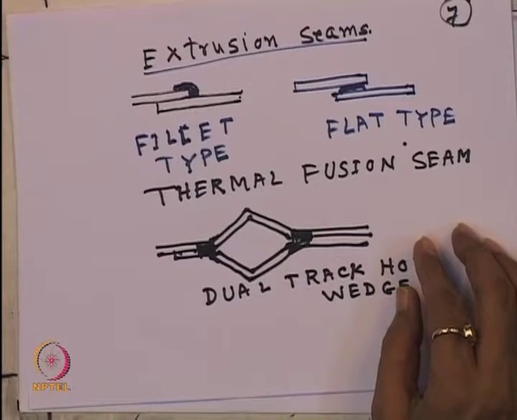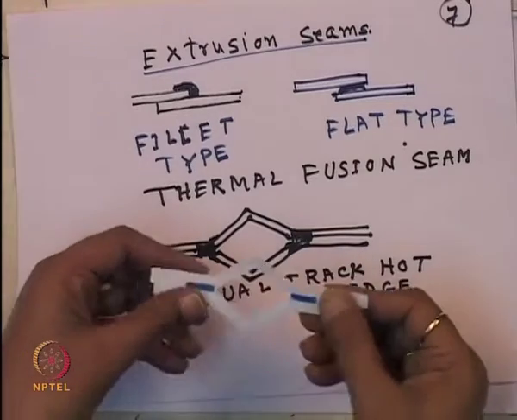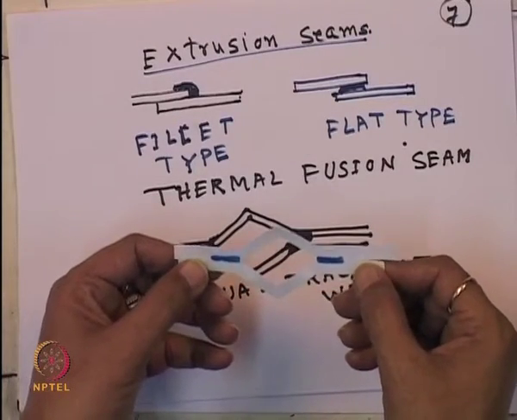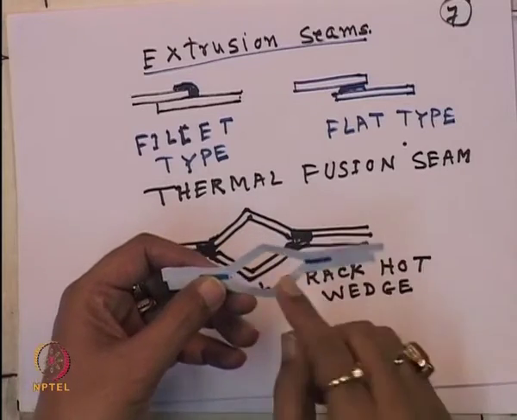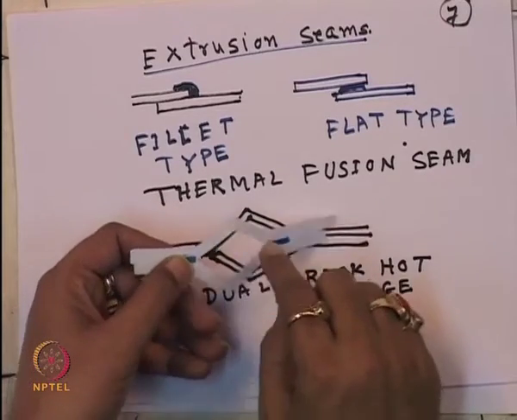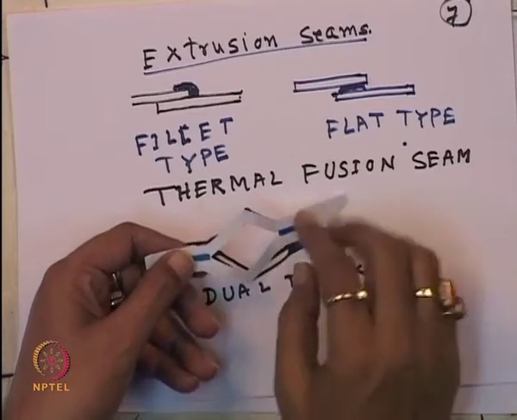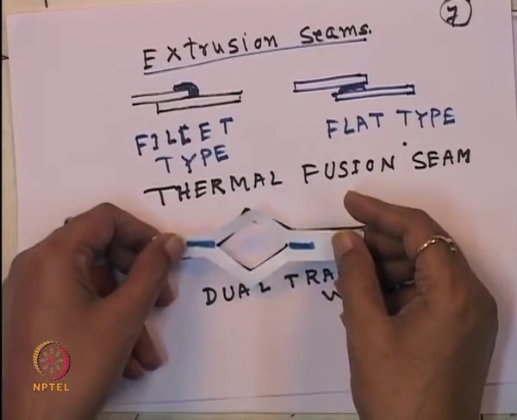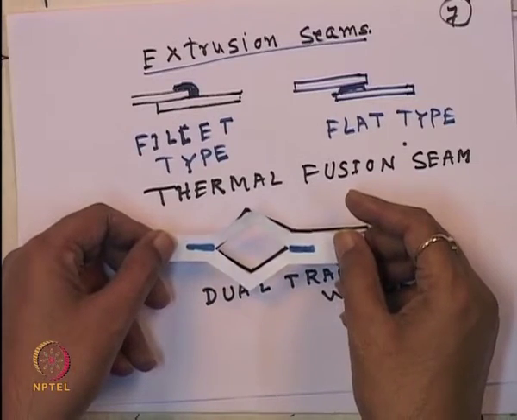I am showing you one like this, this is the geomembrane and this is another geomembrane, and there is a hole. Okay. So, if any pressure develops, it can be minimized or reduced.